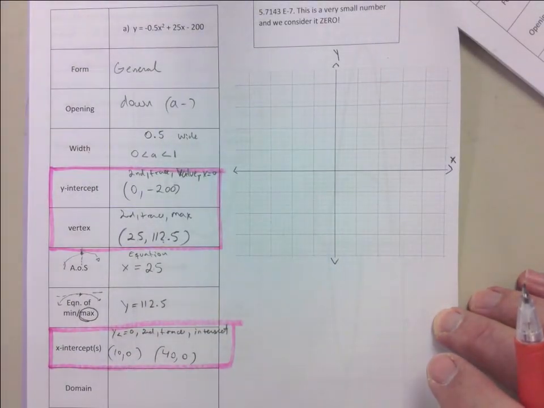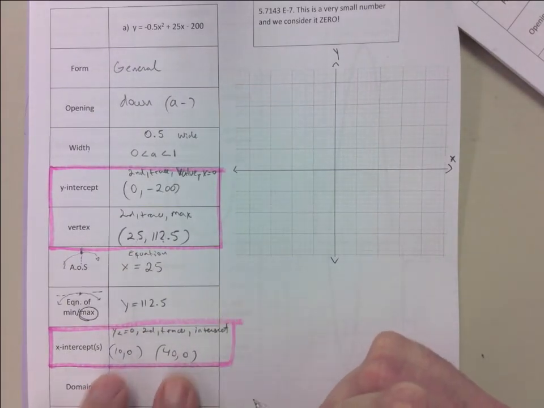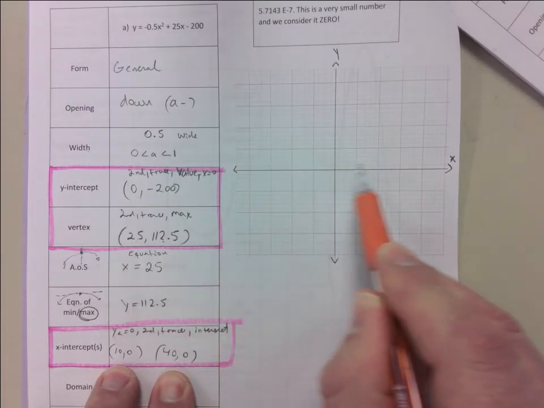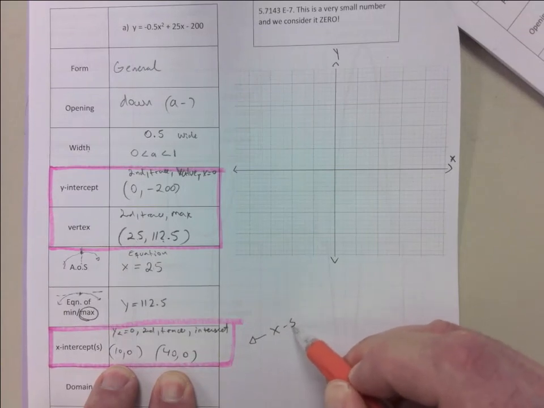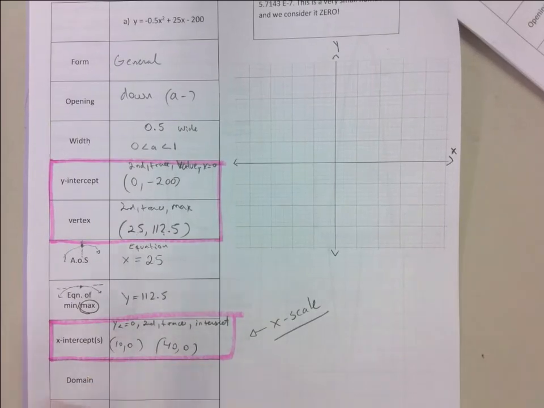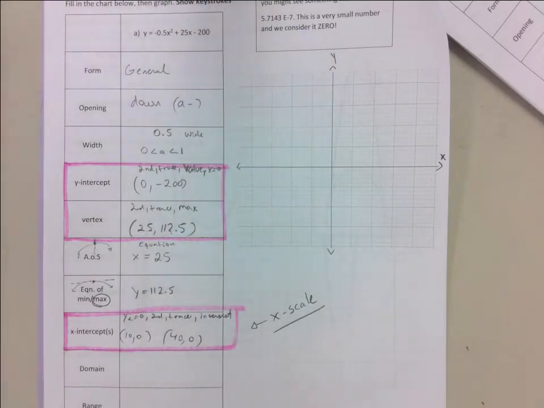And now is the scaling part. I want you to look at your x-intercepts. These tell you how much space you need sideways, okay? These ones determine what I call the x-scale. Write that down. I'm going to zoom out a little bit so you can see it and the graph.